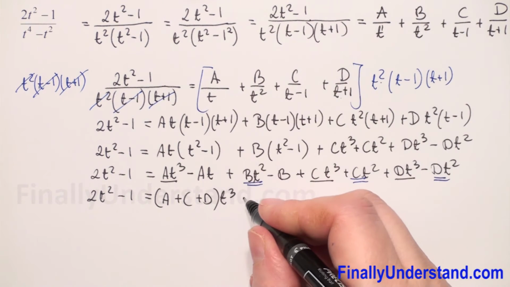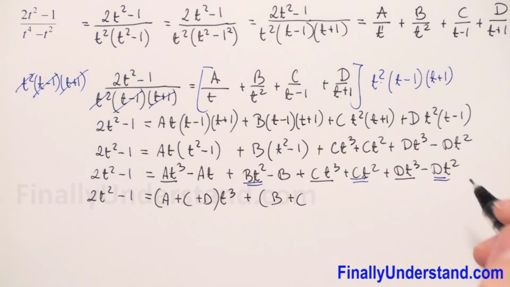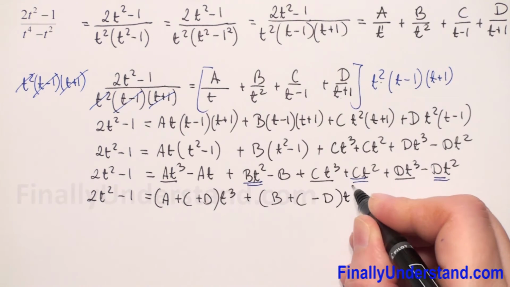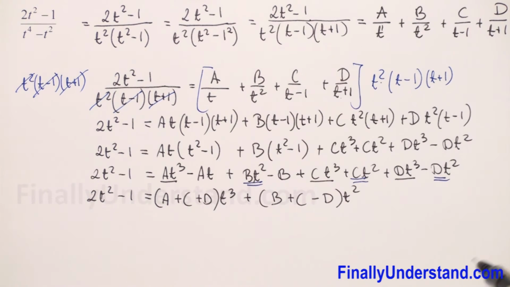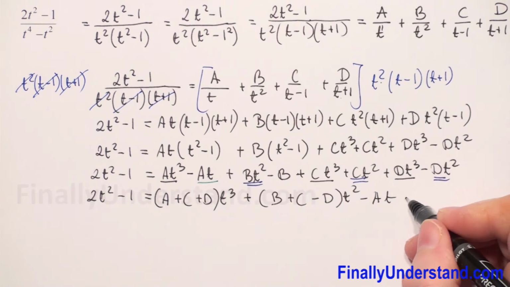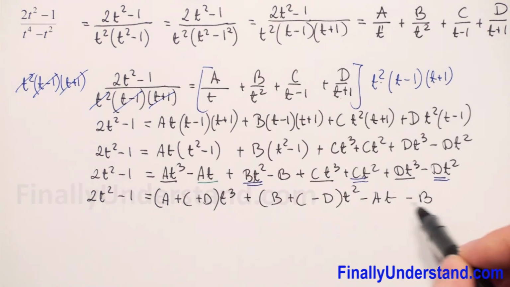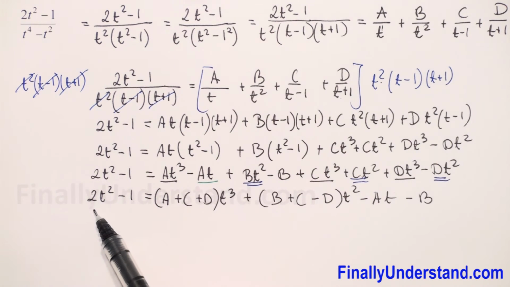So we have plus, in parentheses we will have b plus c minus d, times t squared, and next what we have now with t terms, so this is a negative a t only, so we will copy, and the constant we have is negative b. We write the right side in descending order, so now it will be very easy to compare coefficients.